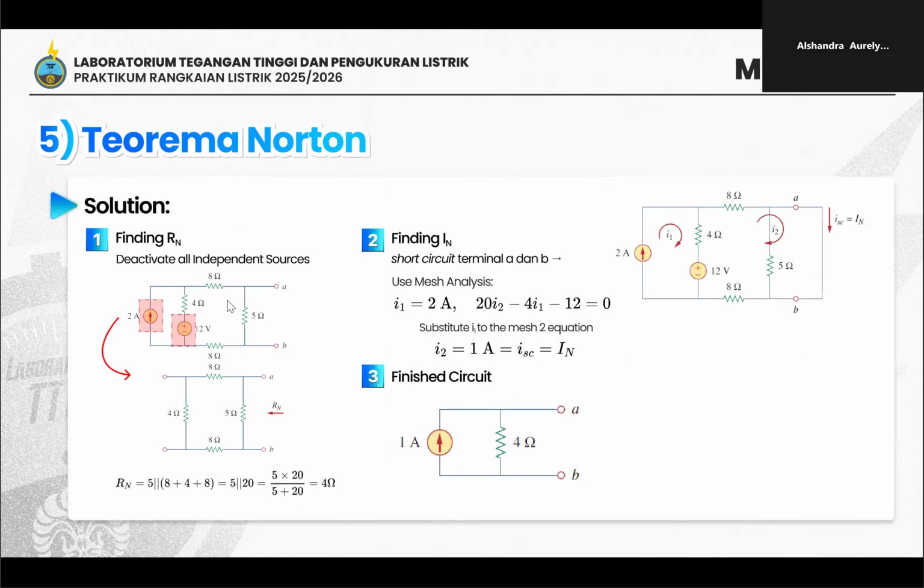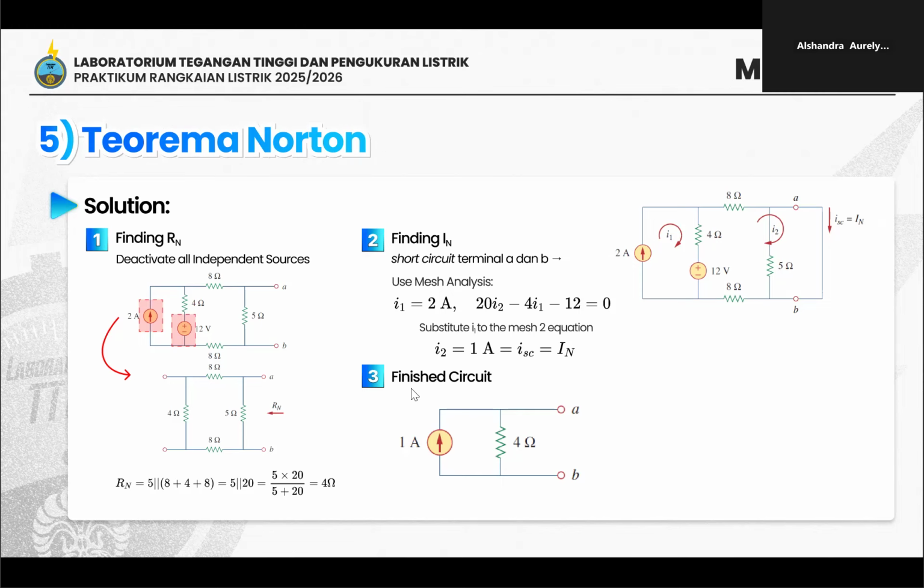It's quite easy. You just deactivate all the independent sources again and then evaluate from this point of view. As you can see, we get 8 ohms and 4 ohms in series, and then we put that in parallel with the 5 ohm resistor. Then we get 4 ohms. Then we find I N with mesh analysis or maybe node analysis, and we get the short circuit current, which here is 1 amp.